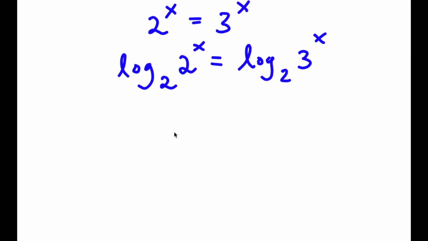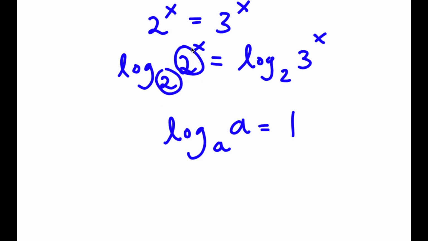Now, if I have something in the form log base a of a, this is simply equal to 1. So as you see here, we have log base 2 of 2.